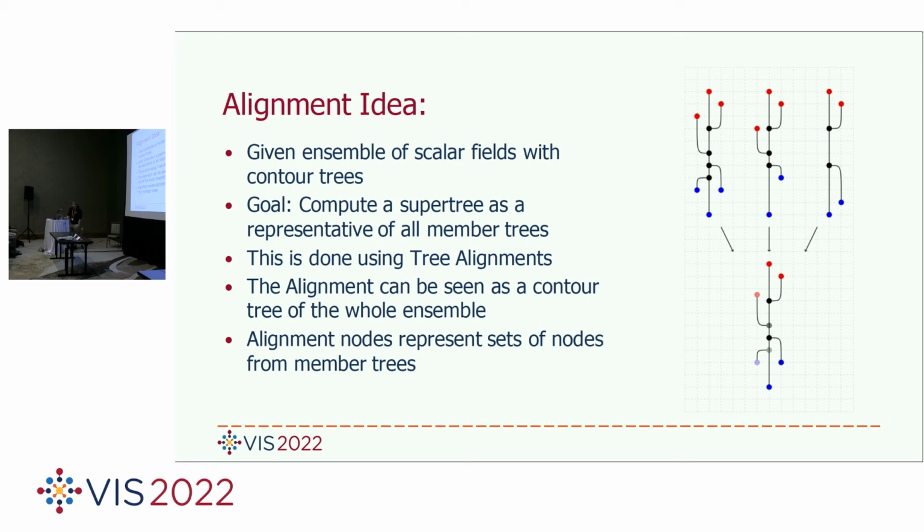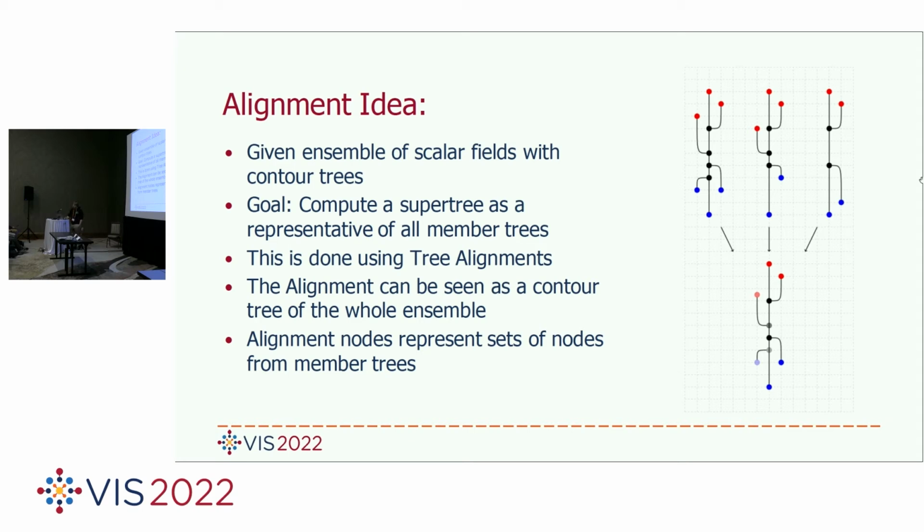And then on this super tree, we can lay it out, and for each node or arc in the alignment tree, it represents a set of nodes or arcs from the original contour trees.